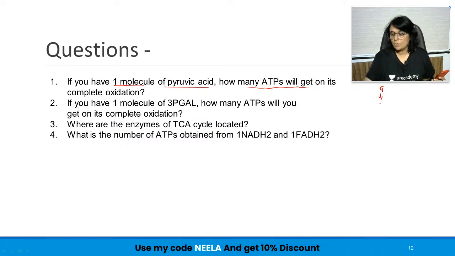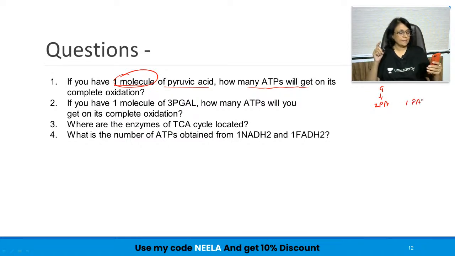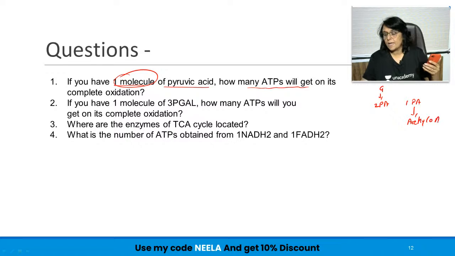Glucose is broken down into 2 pyruvic acids, but we are talking about only 1 pyruvic acid. Can pyruvic acid itself participate in Krebs cycle? No. So this has to change into acetyl coenzyme A, and here we get 1 NADH2.